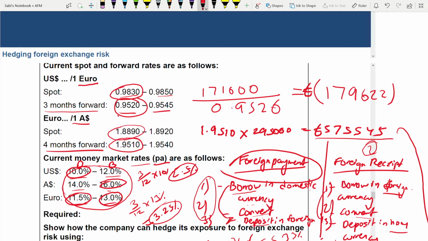I'm sure you must be shocked because that is also the lower rate. It does not matter whether foreign payment or receipt. It also matters what your base currency is. You are receiving Australian dollar, which means you have to sell Australian dollar at the lower rate. That's why 1.8890.